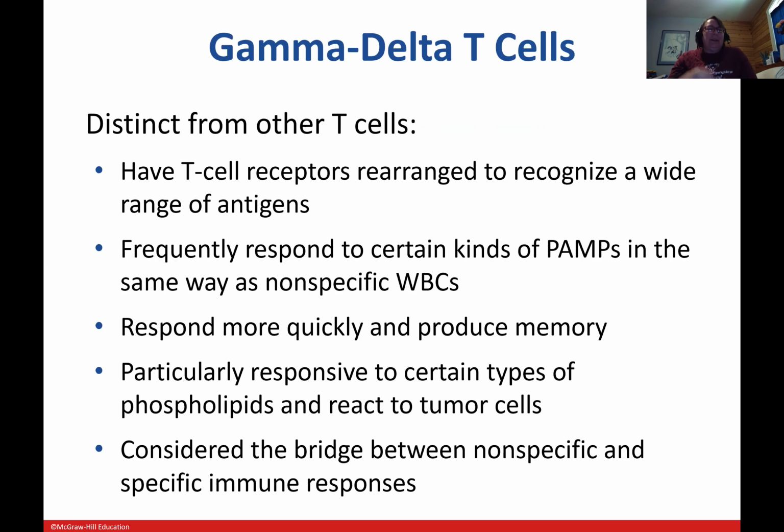It's sort of a bridge between innate and specific immunity, although they are not involved in the handshake. That is really the interface between them. But they're kind of neither fish nor fowl. They're not really innate and they're not really specific, adaptive. They're kind of in the middle.